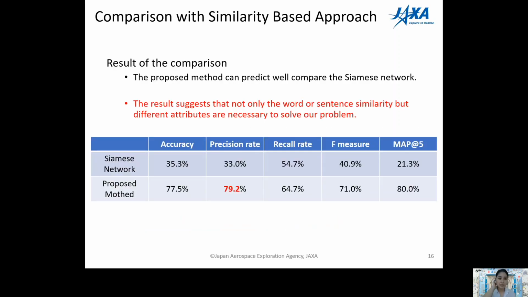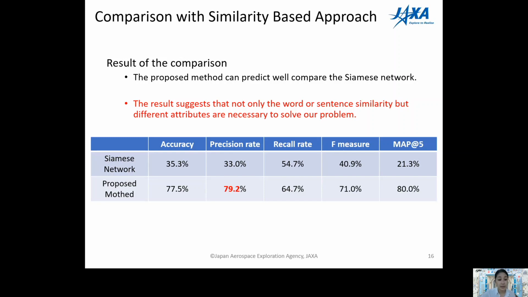And this is the comparison result of the proposed method and the siamese network. As you can see in the table, the upper part is the result from the siamese network and the bottom part is our proposed method. And as you can see, the proposed method can predict well compared to the siamese network.